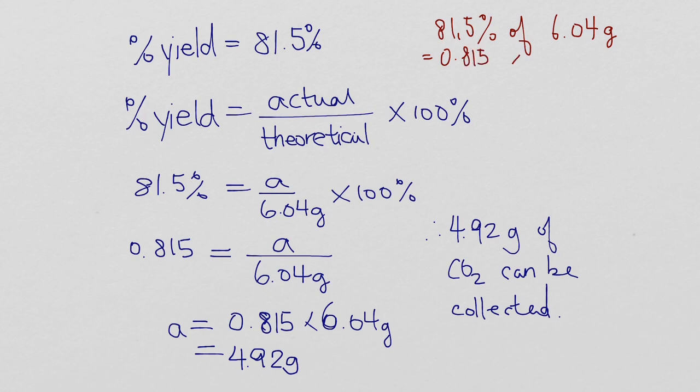The word of in math means to multiply. So, in other words, 81.5% of 6.04 grams is how much we can actually make, which is equal to 4.92 grams. We're going to go on and do part B of this question in the next video.